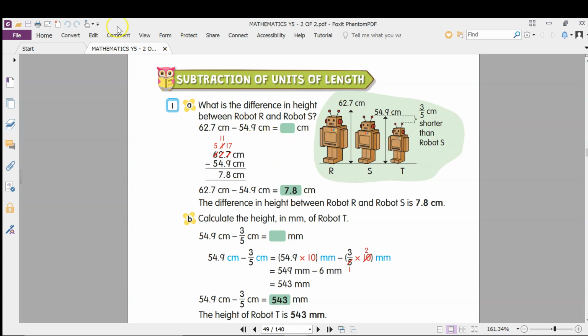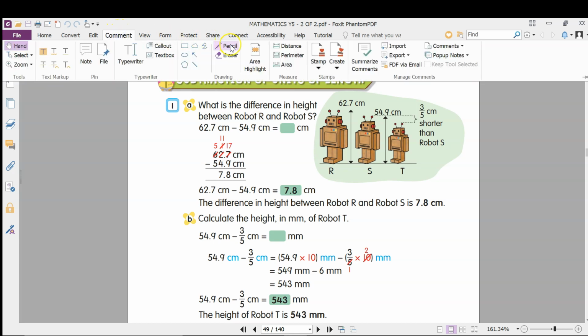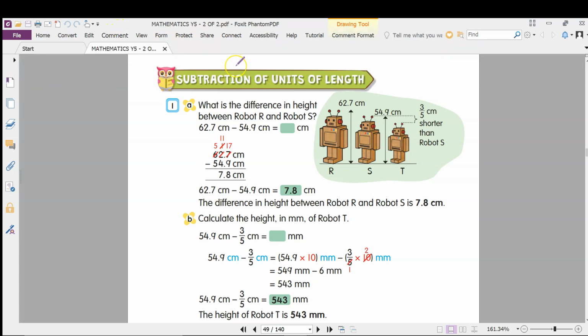Okay, for today's lesson, let's look at subtraction. Subtraction of units of length. Now subtraction will have keywords like difference. Find the difference. Or compare.